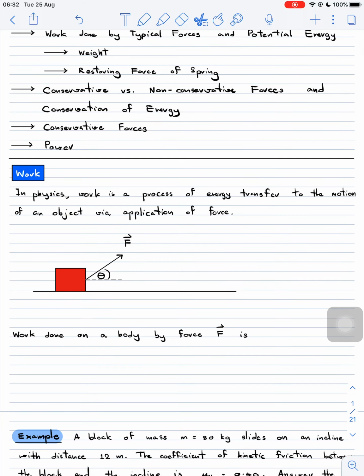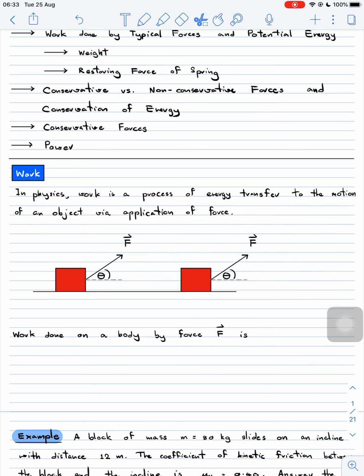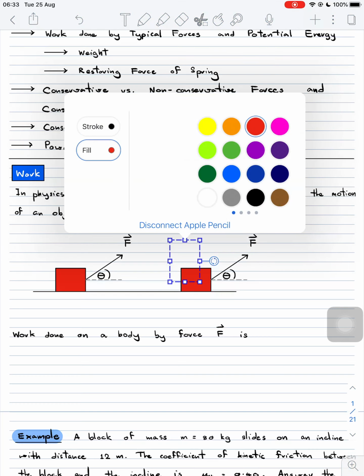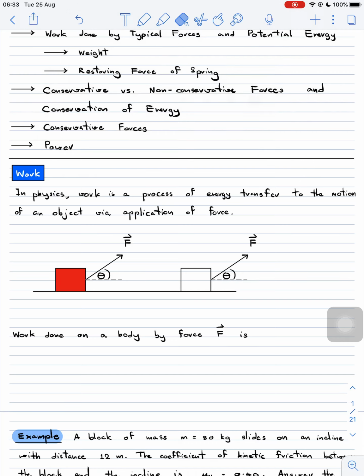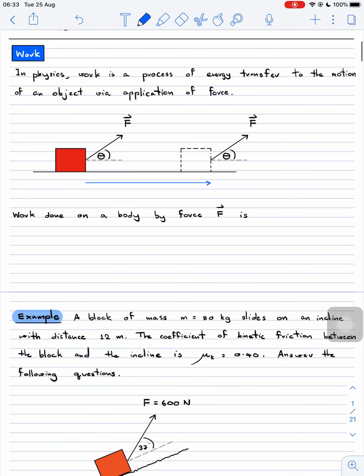So in this case, you can see that if the object just moves to this position with the displacement, let's say delta x, this is the displacement the object can move.